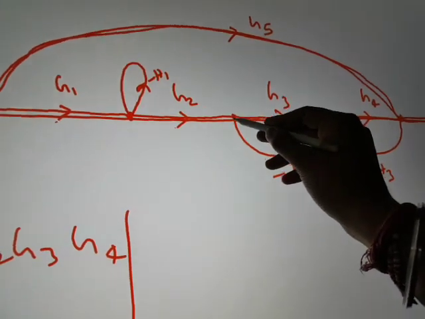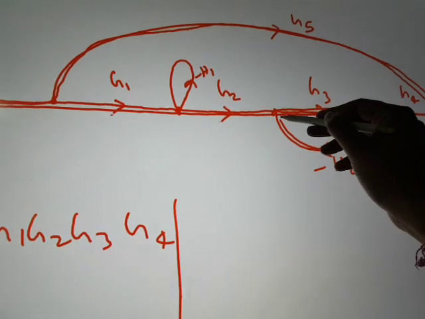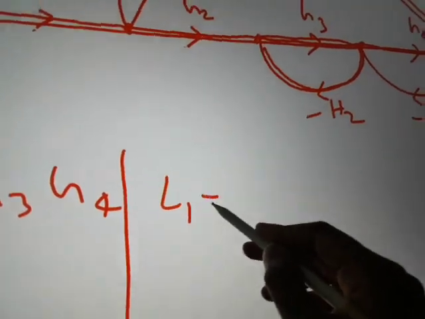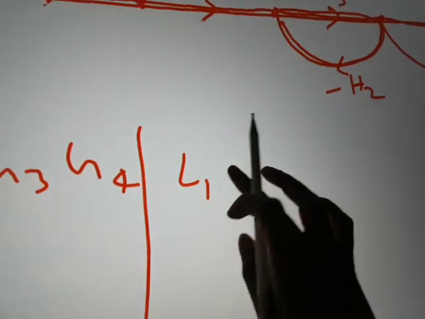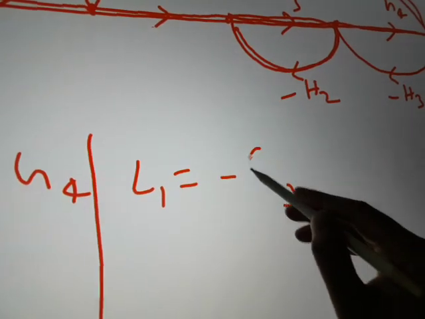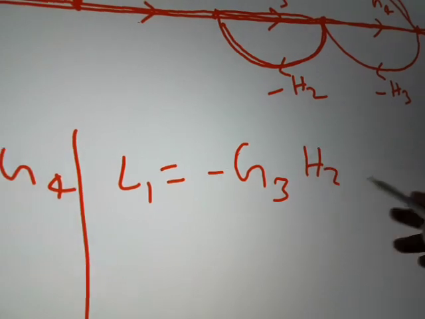One single loop: we start from this node and come back to the same node. So the gain of L1 is G3 and minus H2, so L1 will be minus G3 H2.